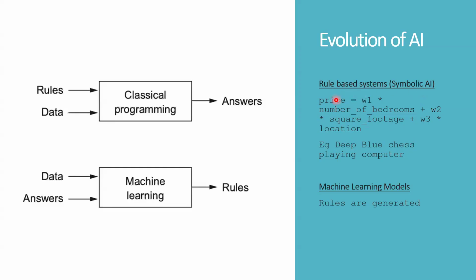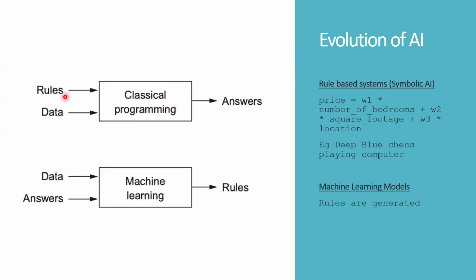And then if you have new data, like the number of bedrooms, square footage, and location, we were able to calculate the price of the house. I hope this is clear, guys. So we were creating the rules and feeding in the data. In classical programming, even in any piece of Java code which we used to write, we define the rules.